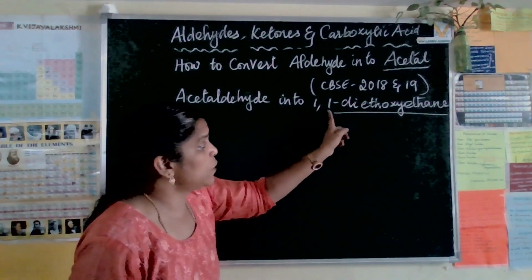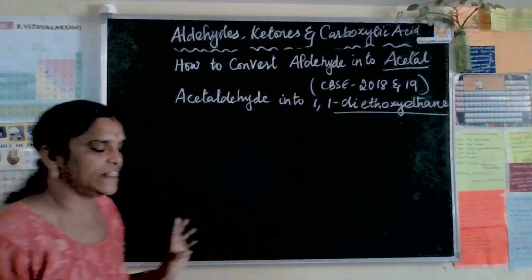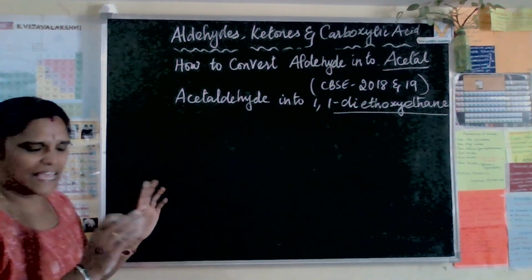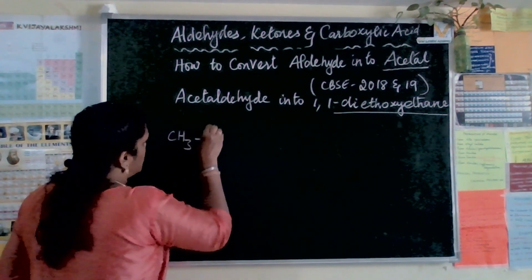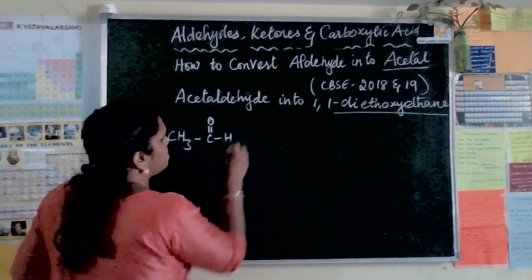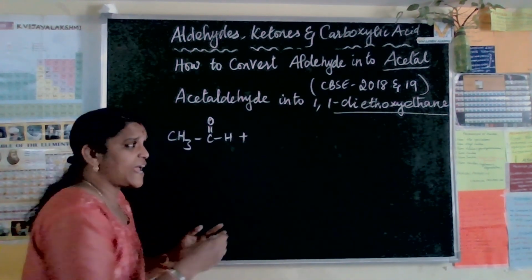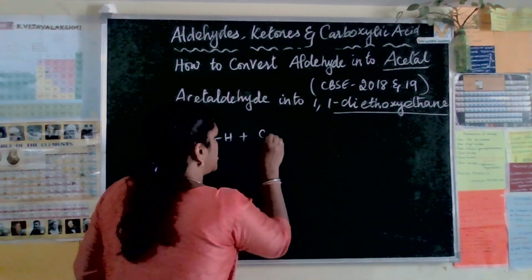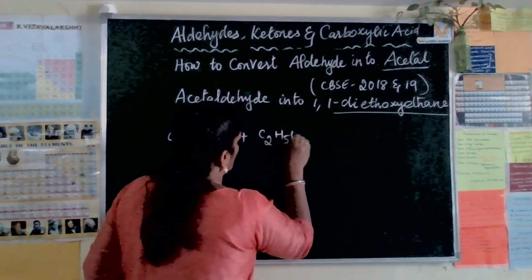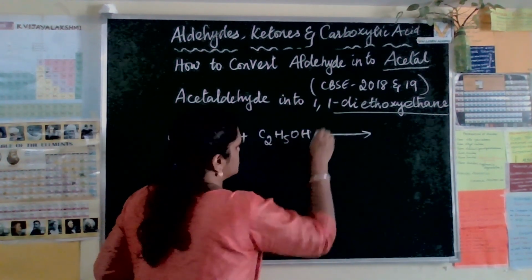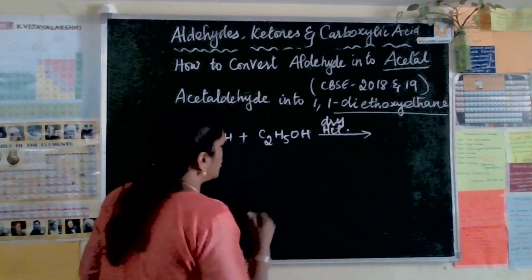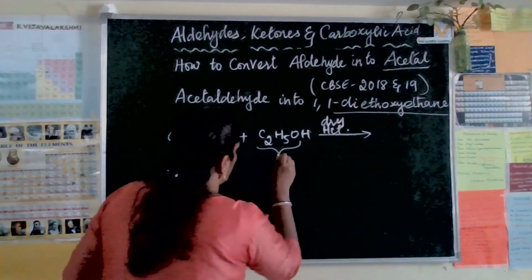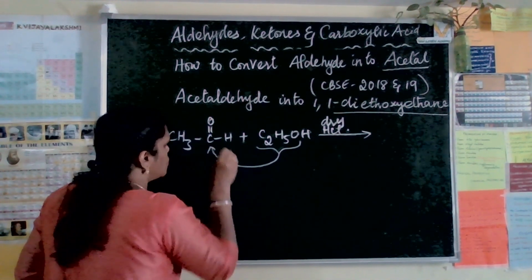Acetaldehyde into 1,1-diethoxyethane. Yes, let us go for the same idea only. CH3, C double bond O, H combined, in an addition reaction, with alcohol, C2H5OH, in the presence of dry HCl. So what happened here?